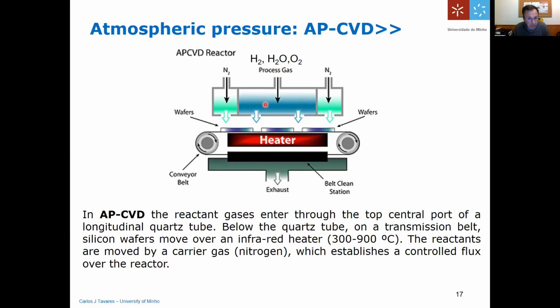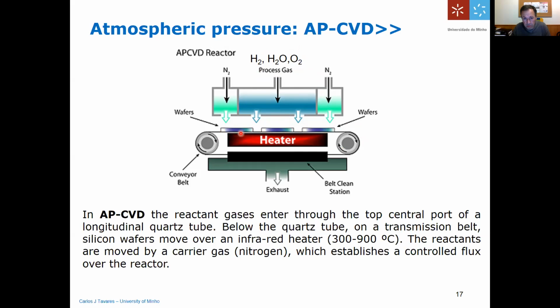You don't have any activation part here. The activation is only on the surface of your substrate, and it's by temperature. So the heat will provide activation energy to break down these gases and transform them into radicals. And then you have a transport gas to transport this process gas closer to the surface of these wafers.